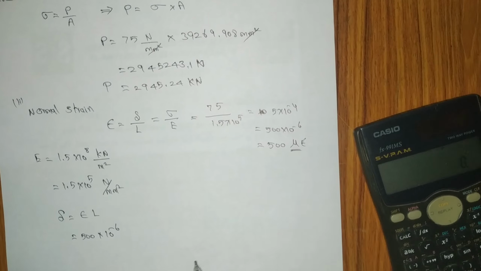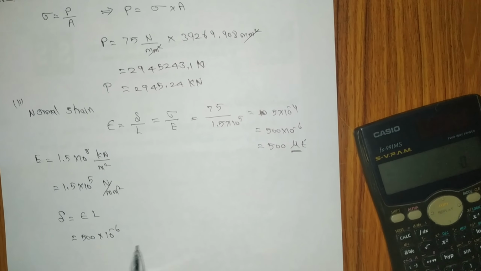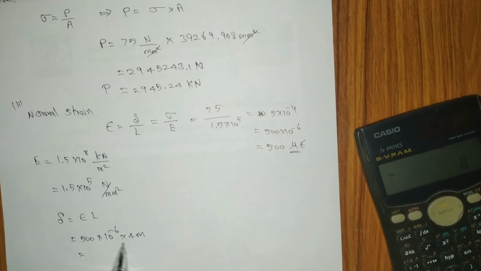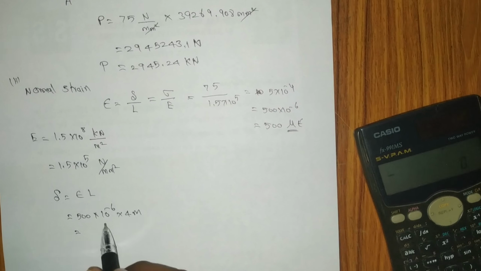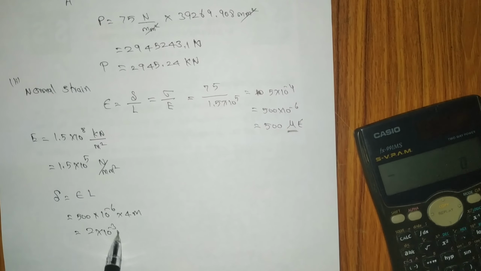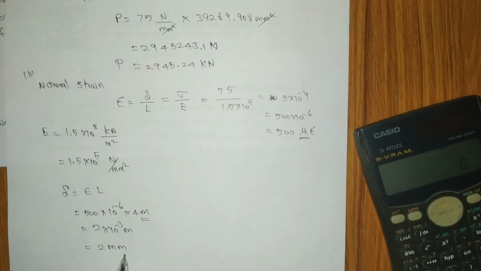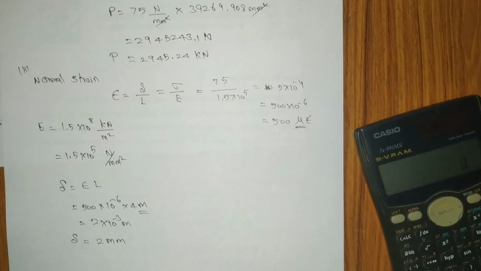We multiply the micro strain by the 4 meter length, and we get 2 into 10 to the power minus 3 meter. If you convert it, this is equal to 2 mm. So the deflection will be 2 mm.